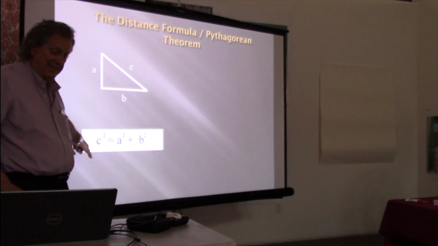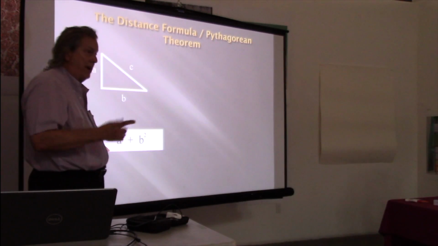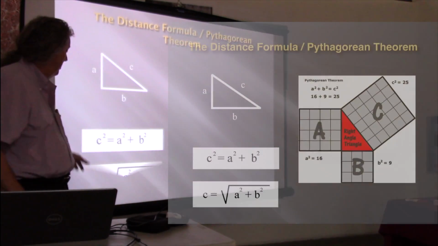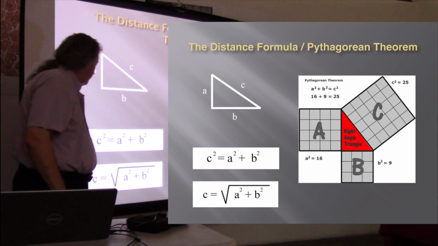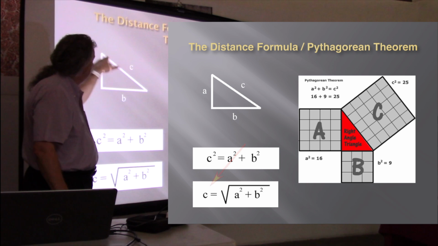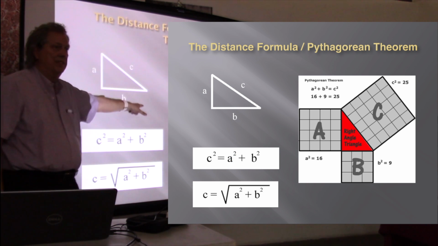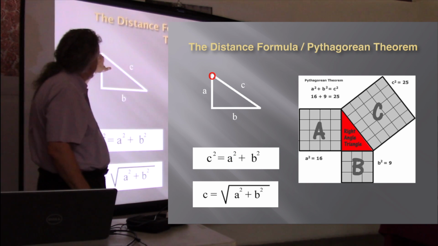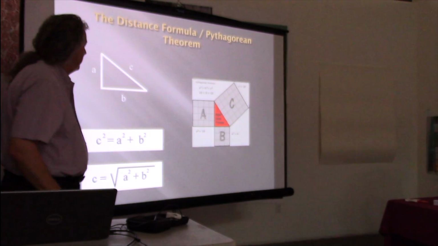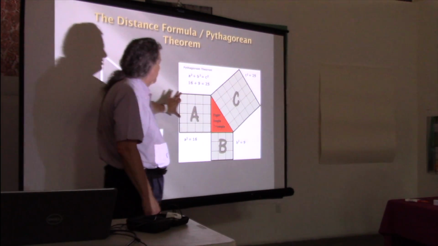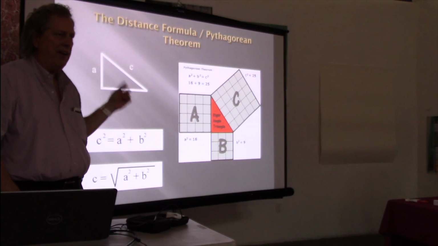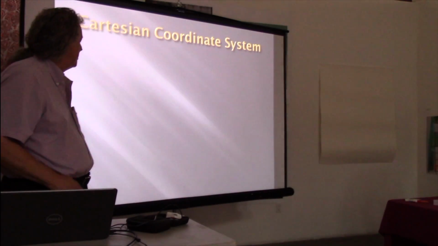So to get to C, we need to take the square root of C squared, which will give us just C, and on the other side we get the square root of a squared plus b squared. This is the value of the length of the hypotenuse between this point and this point. This kind of shows how those squares work. I don't want to get too lost in worrying about area because we're really interested in distance.